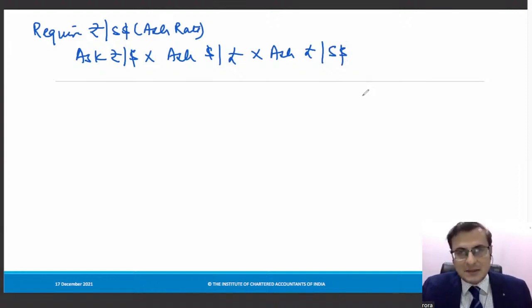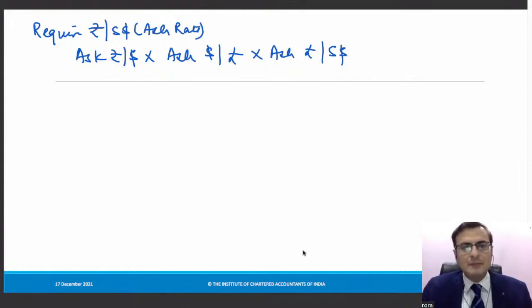Does it make sense, beta? You can see the question yourself. The values which are given to you, accordingly I have taken all these. Might be I will have to make some changes later. Is it clear? Rupee per dollar, dollar per pound and pound per Singapore dollar.